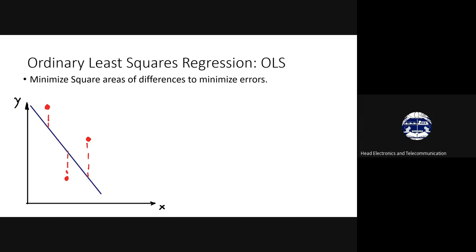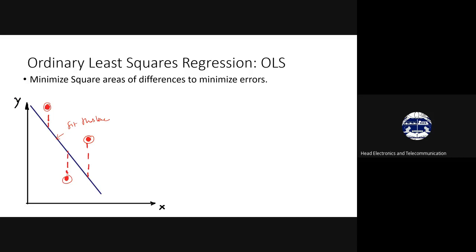Minimize the squared differences to minimize error. So what is the problem here? I have only 3 points, say 1, 2, 3, and my target is to fit this line such that squared errors are minimized.